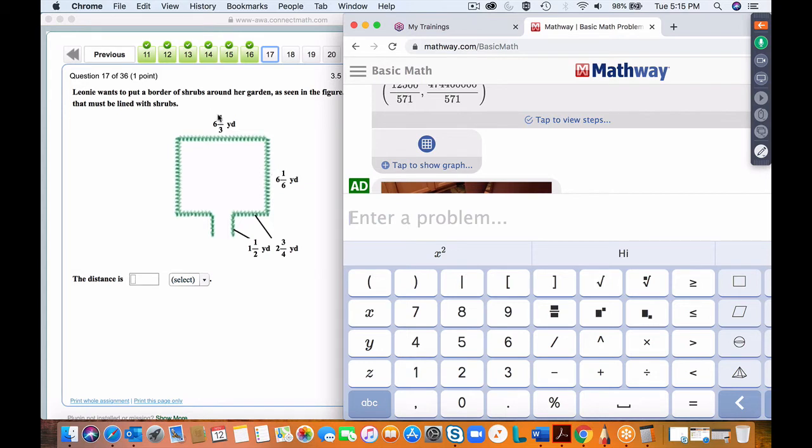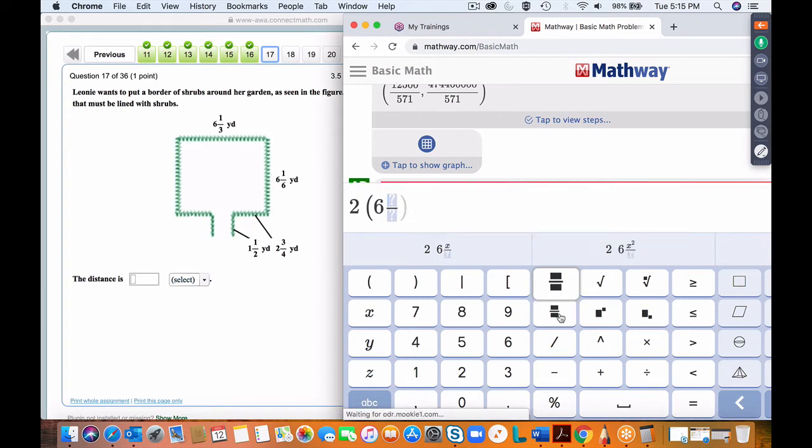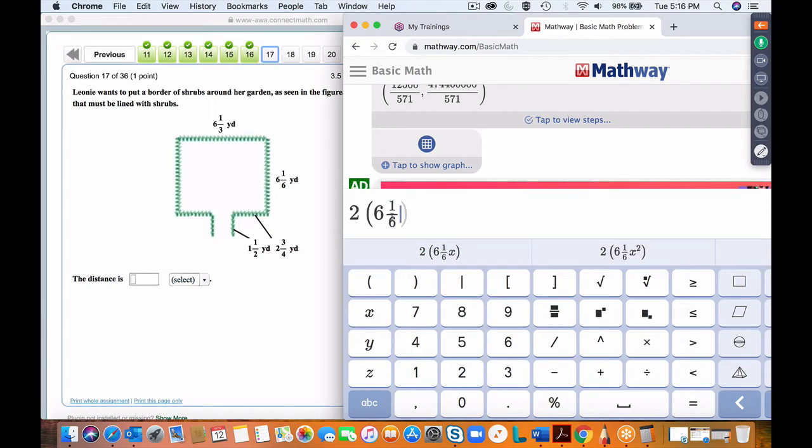Just the top will be different. So since the right is the same as the left, I have to multiply by 2. Open parentheses and place the numbers, 6, 1, and then 6 on the bottom, and then I'm going to add because the perimeter is just the fence, so I have to add all the numbers.